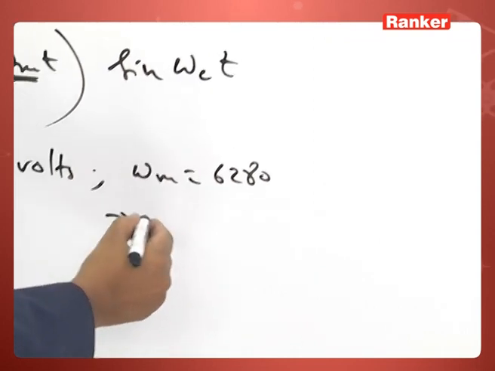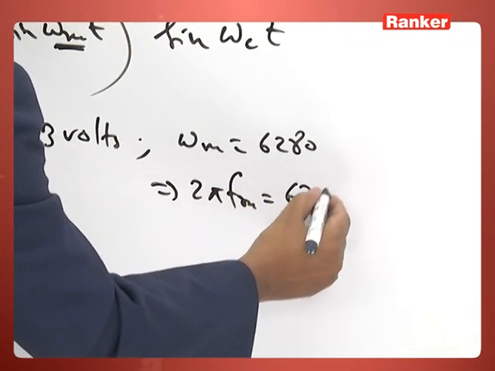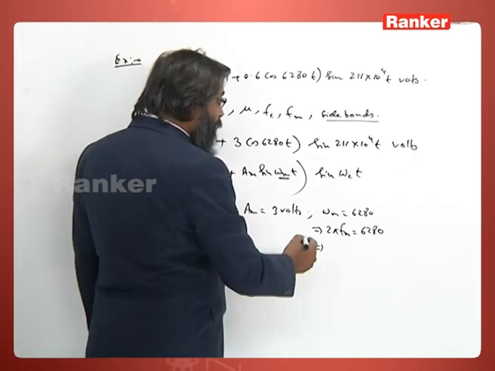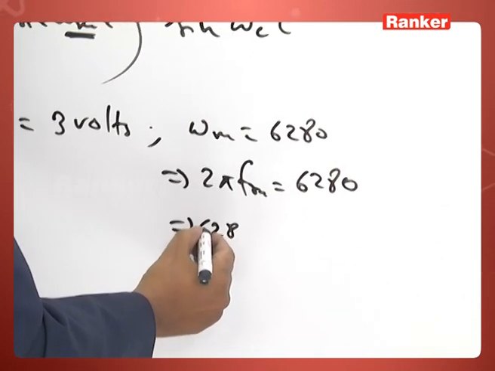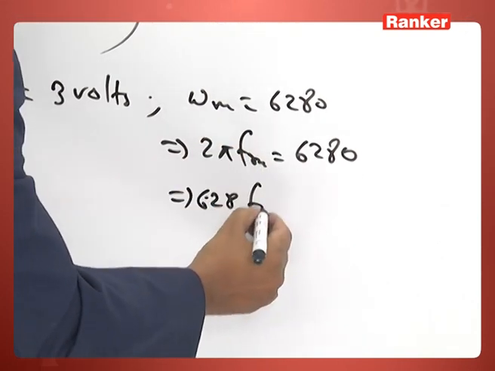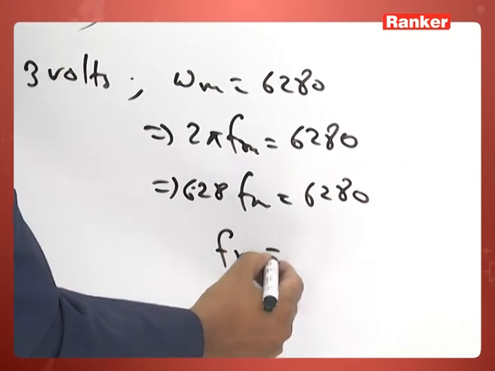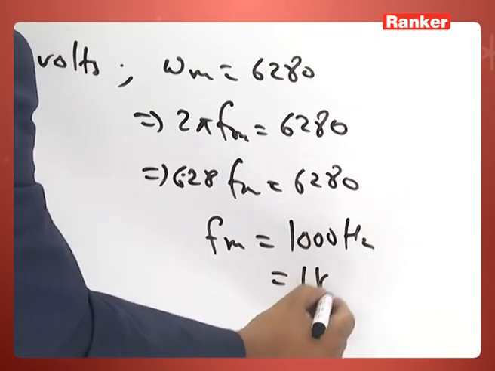That is, omega m is 2 pi times the frequency of the modulating signal, equal to 6280. Now pi is 3.14, so 6.28 Fm is equal to 6280. So the frequency of the modulating signal becomes 1000 Hz, that is 1 kilohertz.